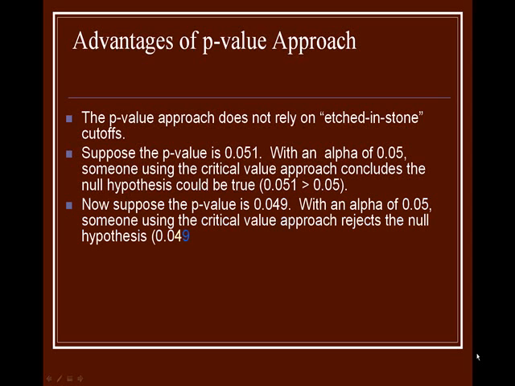Similarly, if we got 0.049, this time we would reject H0. The difference between 0.049 and 0.051 isn't really that much, but yet, using a critical value approach, we make completely different decisions. With the p-value approach, we can look at exactly that probability.